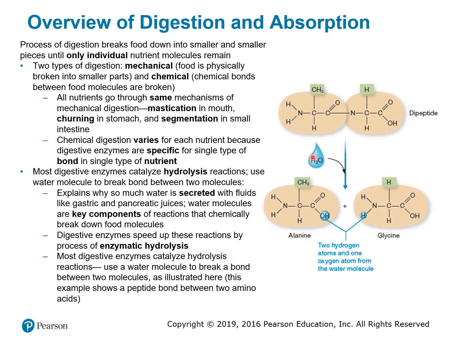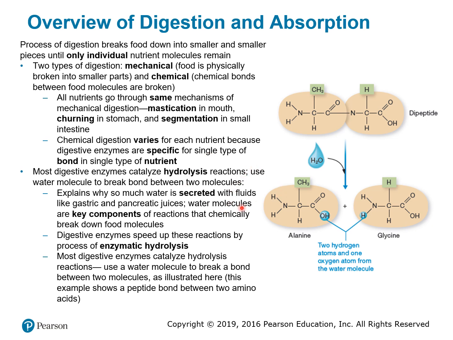But if you notice, the water components took the place of where the two amino acids were joined together. H2O, meaning 2 hydrogens, 1 oxygen. OH is going to go over here, and one of the hydrogens is going to go here. Okay. Now, that's why so much water is secreted with fluids.